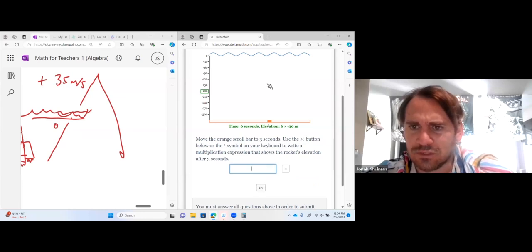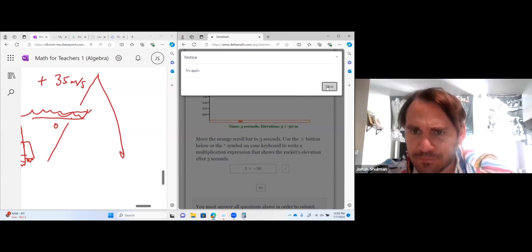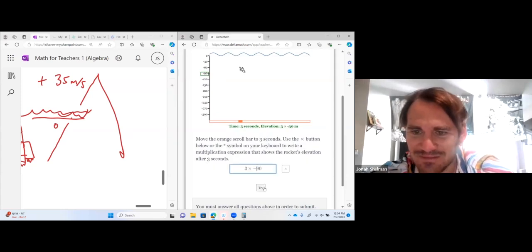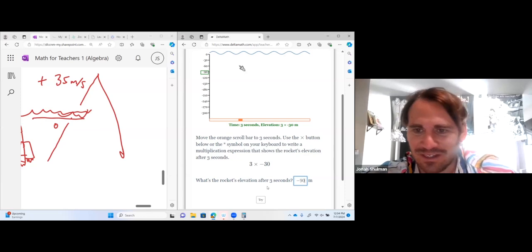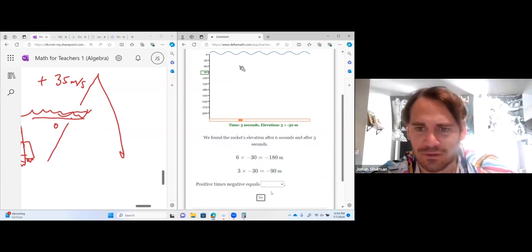And then let's do 3 seconds. 3 times -30, which is -90. -90 meters. Or we've gone 90 meters, but we're at -90 meters.